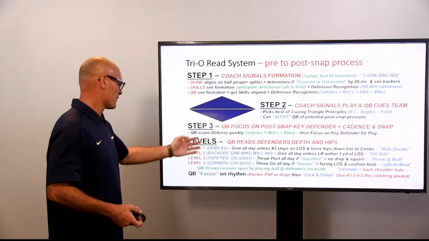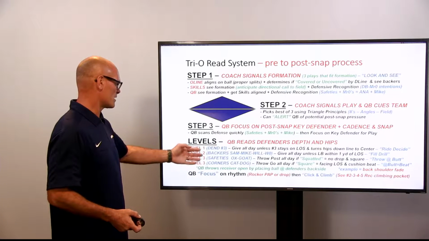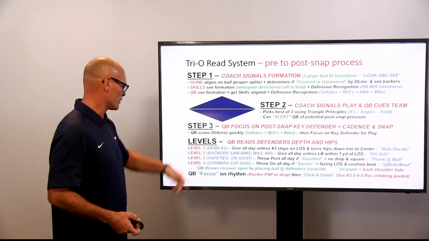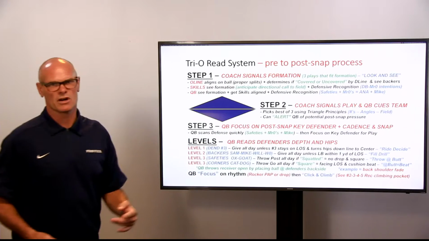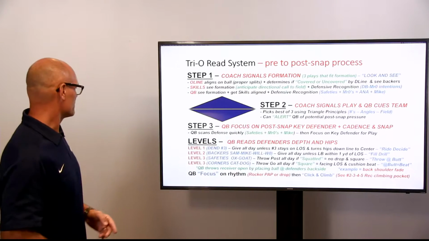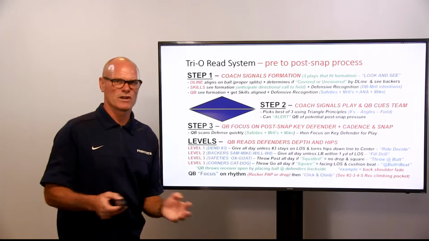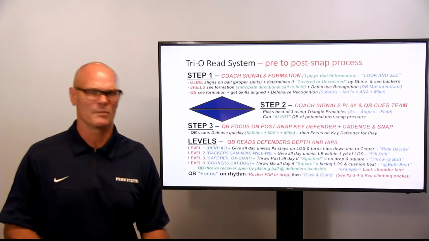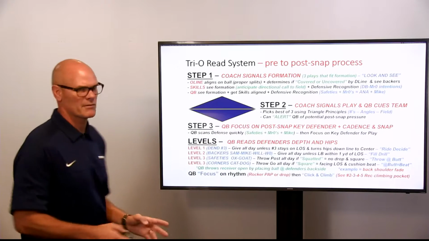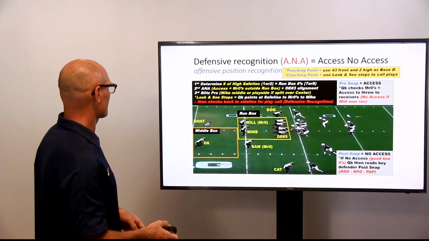You can see here, we like to run RPOs against level 1, which are defensive linemen, level 2, which are usually linebackers, and level 3, your secondary people. We use the same read progression, whether it's an RPO or a pass, player's depth and hips, as you'll see.